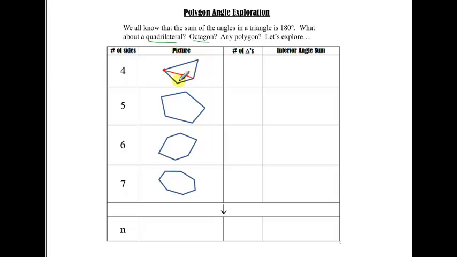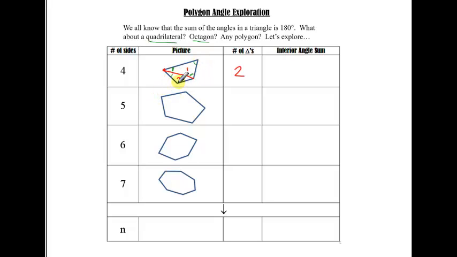When I do that, you'll notice that I just divided this into two triangles. There's a triangle there, and there's a triangle there. So in this column, the number of triangles we got out of that quadrilateral is 2. How many degrees are in a triangle? We already know that's 180. If I take the first triangle and get that angle, this one, and this one, there are 180 degrees in that.